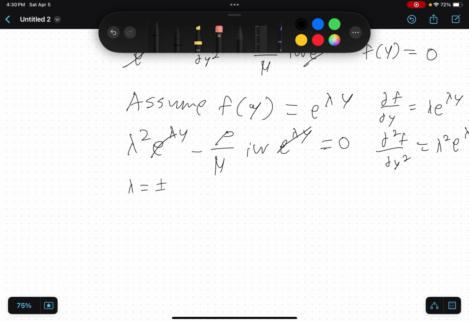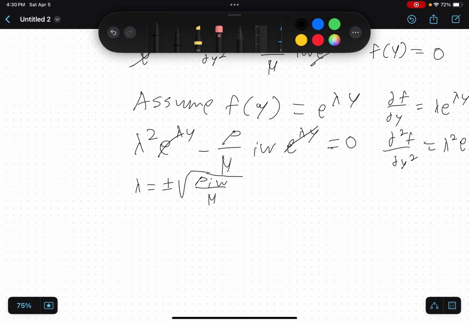Okay, well, all right. You move that stuff to the other side, and you get plus minus root of density i w over mu. Yeah, okay, this is what I did. I'm smart.